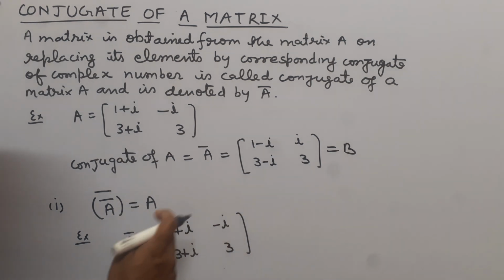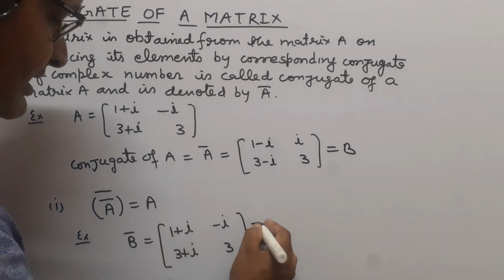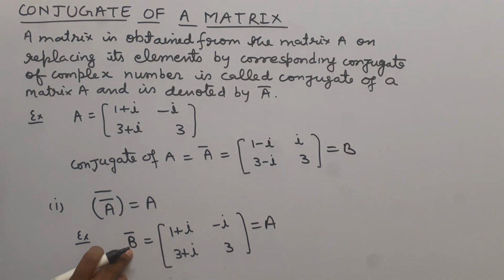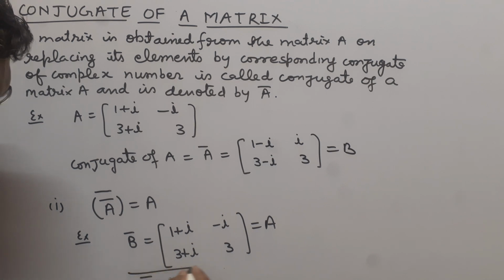So we can see this is the matrix A, and B is A bar. So conjugate of A bar is equal to A.